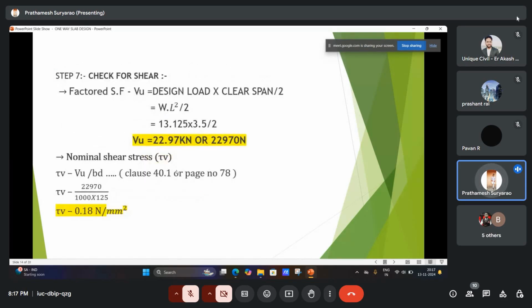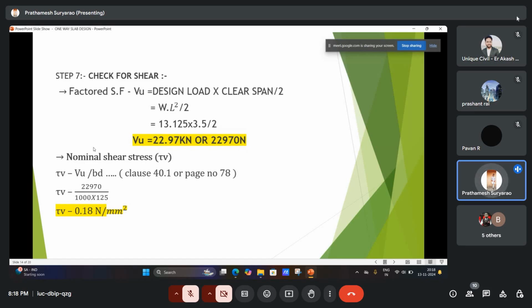So now we have to check shear. What is the formula for checking the shear? Vu is equal to the load into clear span upon 2, so w into l upon 2. After putting in all the values, we will get Vu equal to 22.97 kilonewton, or 22970 Newton.